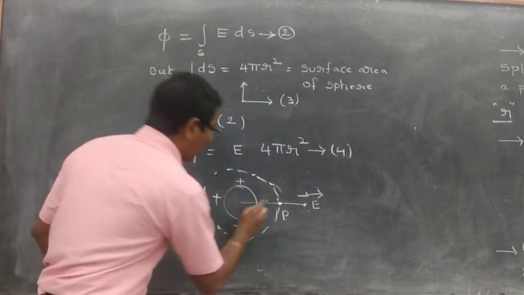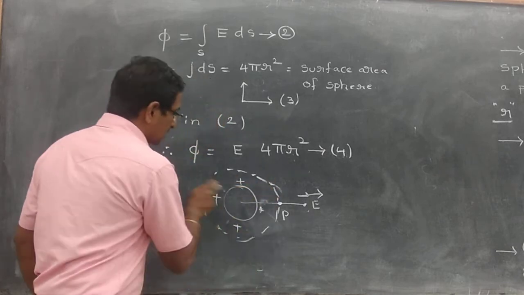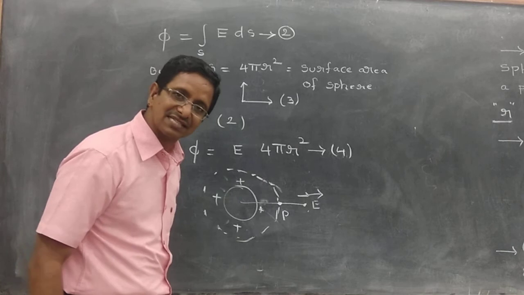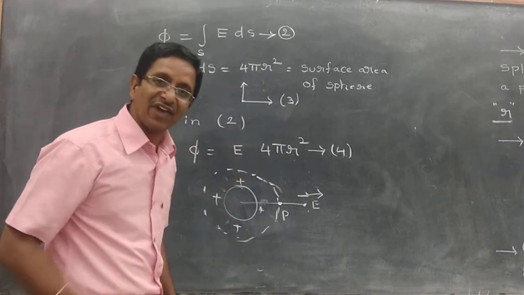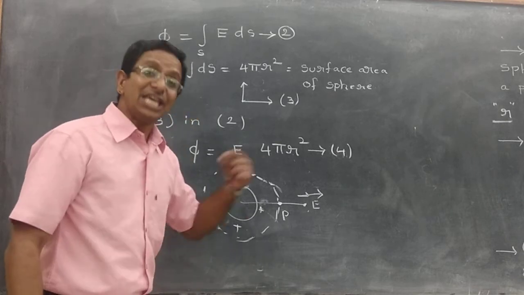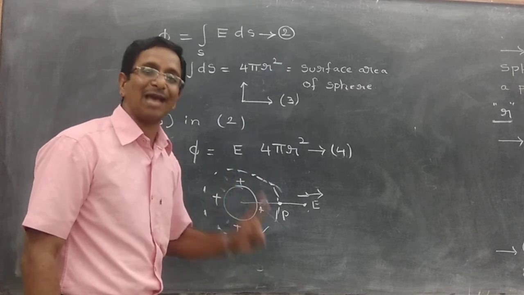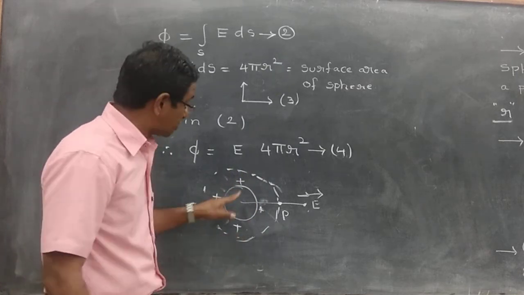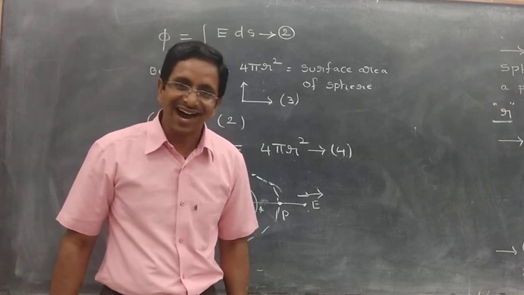According to Gauss theorem, the total electric flux crossing over a closed surface is equal to 1 by epsilon naught times the charge enclosed by it is called Gauss theorem.